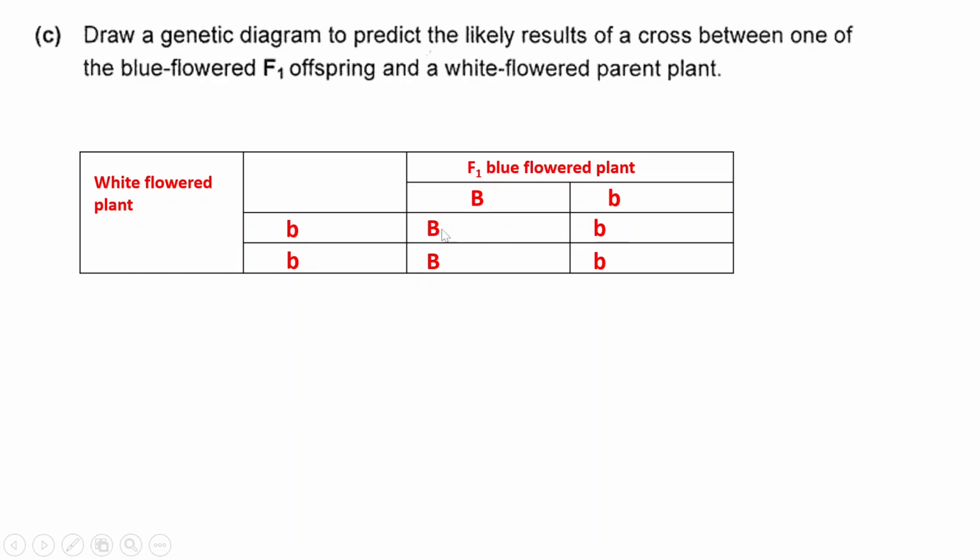This one comes in 1, 2. This one comes in 1, 2. This one in 1, 2. So here we have this one and also there, this one. Then this one will come here and this one will come here. So it means that this will be the phenotype and the genotype of the children. So this is the answer.